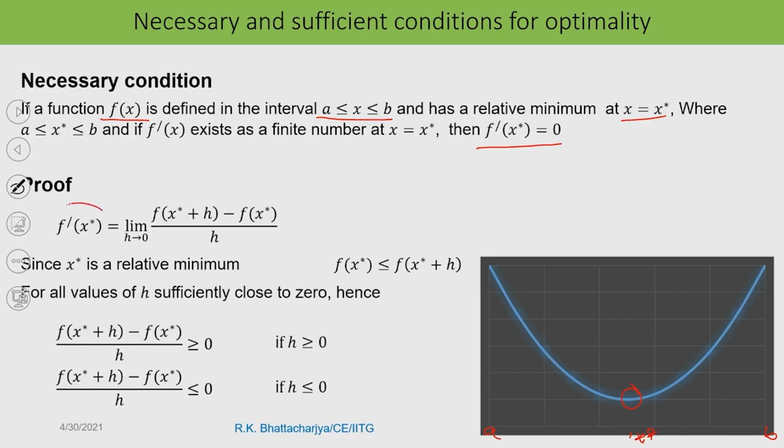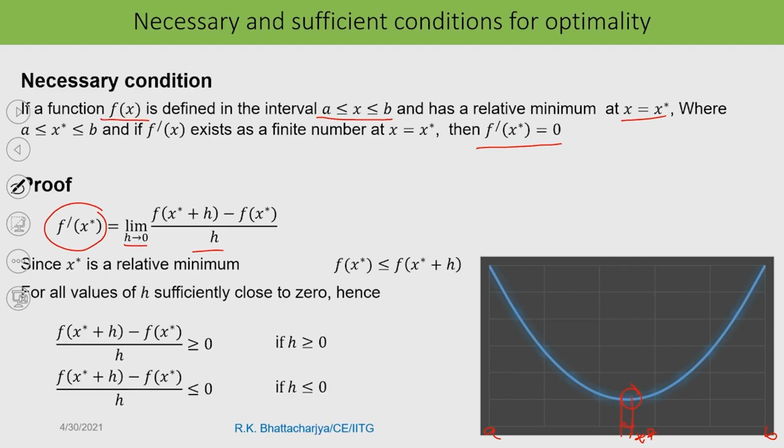I can write the derivative at x star as equal to the limit h tends to 0 of [f(x star plus h) minus f(x star)] divided by h. I have taken this particular point which is x star, and you take another point at a distance of h.